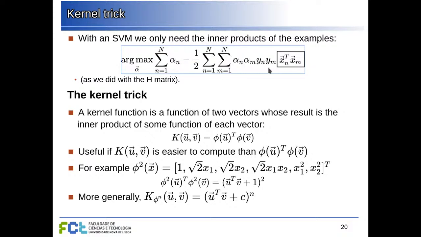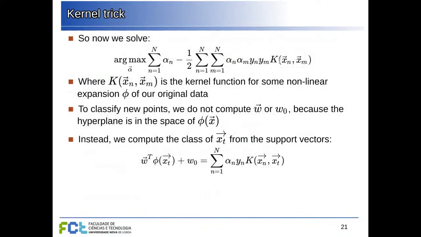And the expression we're trying to maximize depends only on the inner products of the pairs of examples in our data. So since all we need are the inner products, we can use this kernel trick to replace the inner products with the kernel function that gives us the result of the inner product we would obtain if we expanded the data to much higher dimensions, but without actually having to do that expansion.